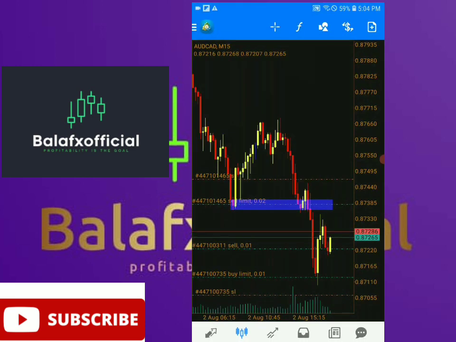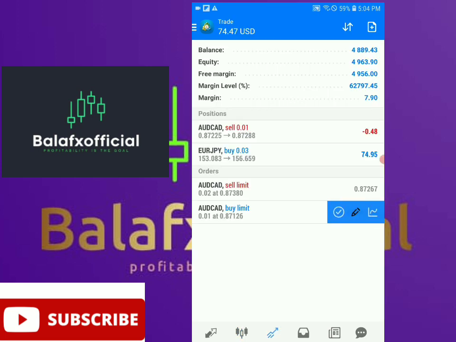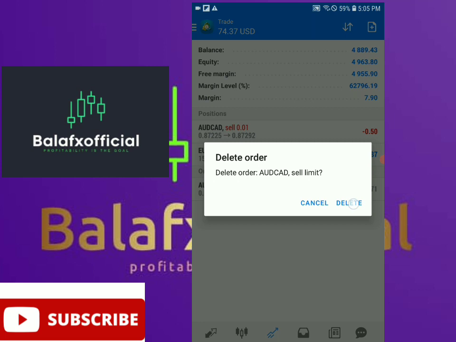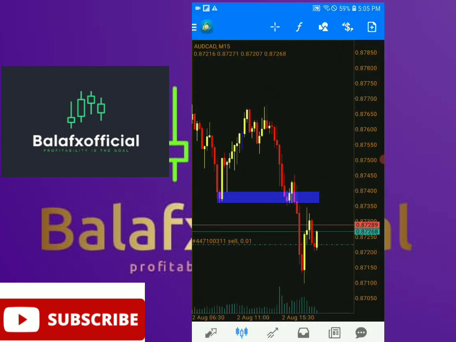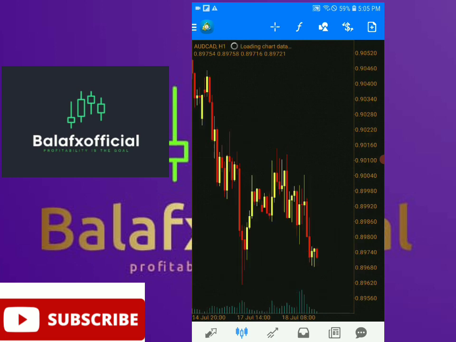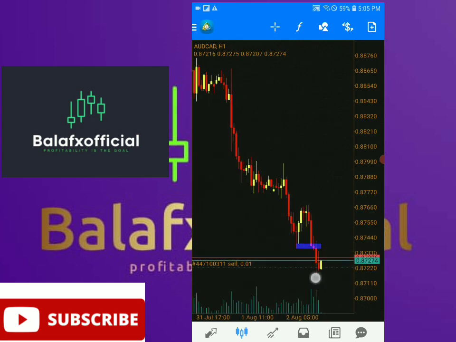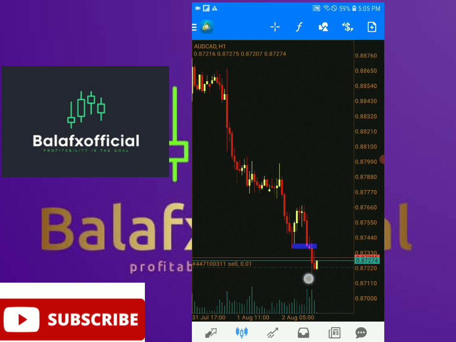So a take profit order is an order that you set. Let me delete all these ones so that we can understand. Now, in this current market I sell Australian dollar on the 1 hour time frame.